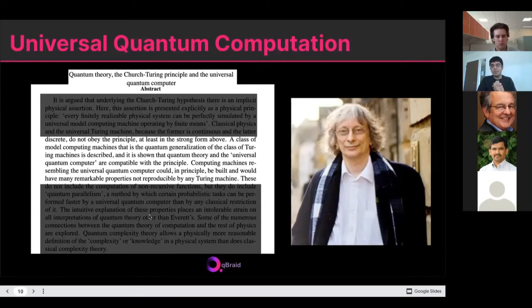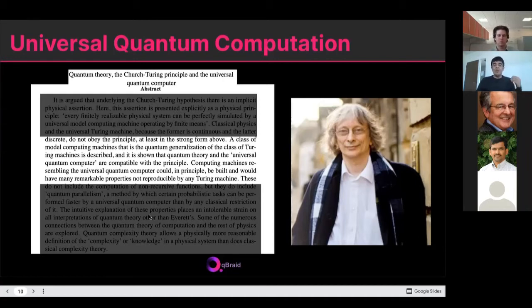If you guys are familiar with the idea of Turing machines, then he showed that the quantum computer he described was Turing complete, meaning that anything that could be done by traditional computers, the traditional model of computation, you could do with quantum computers.